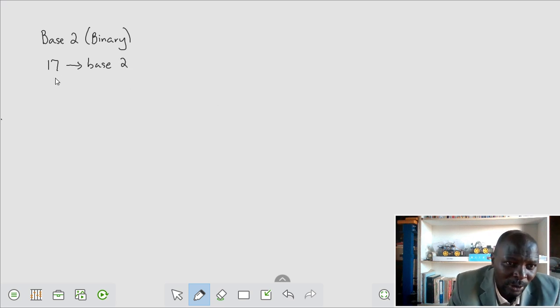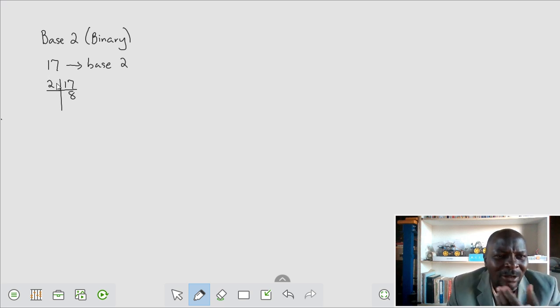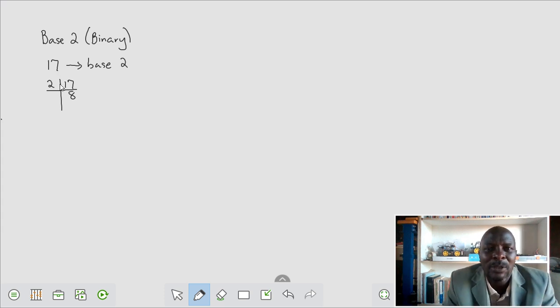So I'll look for sets of 2. 17, do you have sets of 2? 17 will say, yes, I've got 8. Remember, we're dividing by the base we're trying to go to. We pretended we didn't know base 10 was the same as our language, and then we discovered that we have always known base 10. Now we're going to base 2, so we divide by 2. I think that is clear enough.